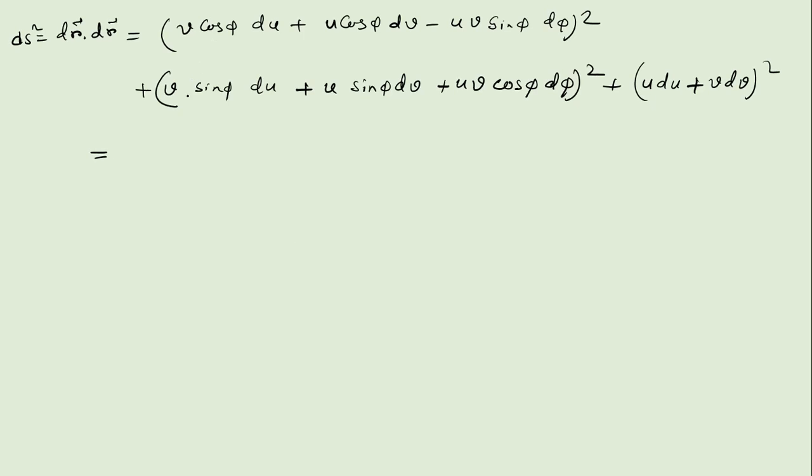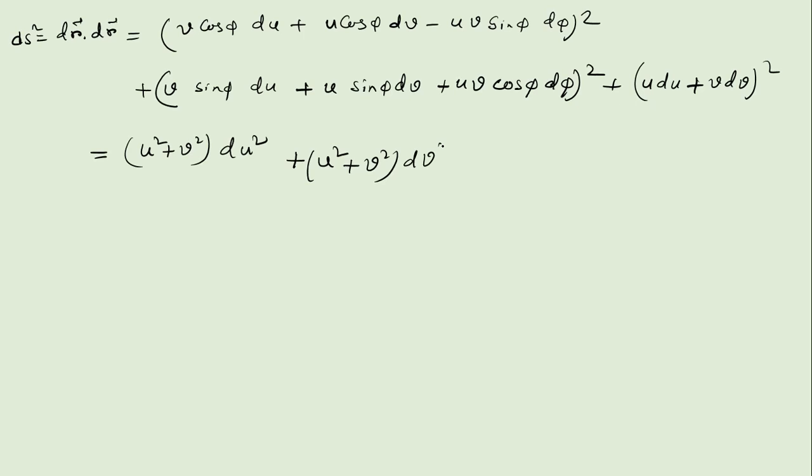So just squaring these, you will get u square plus v square du square from these two, and from these two you get v square du square, and here u square du square. This gives you this term. Similarly from there you will get u square dv square, and from here v square dv square.